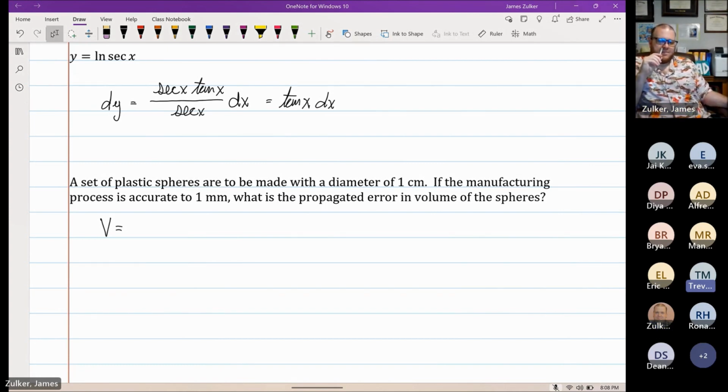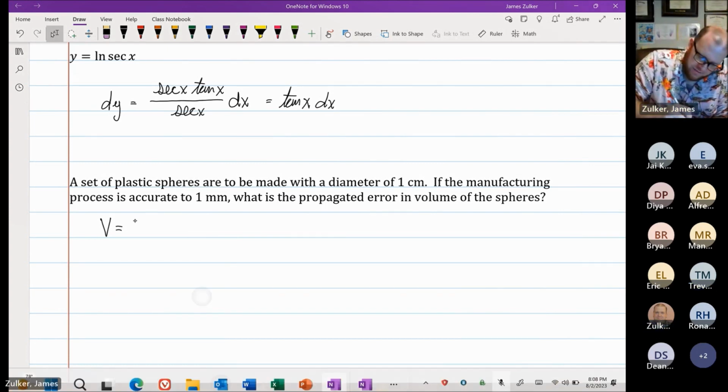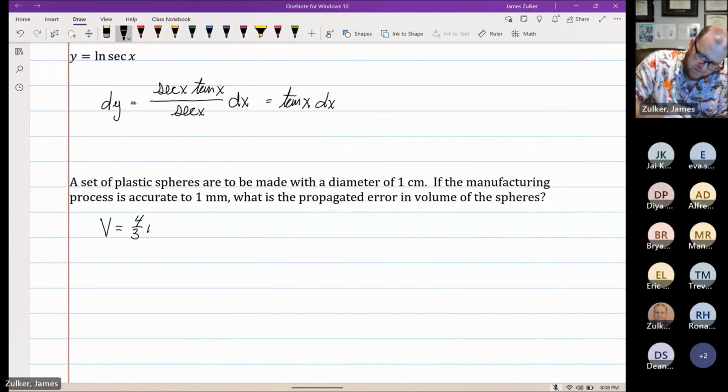Four thirds pi radius cubed. Okay, 4/3 pi r cubed.